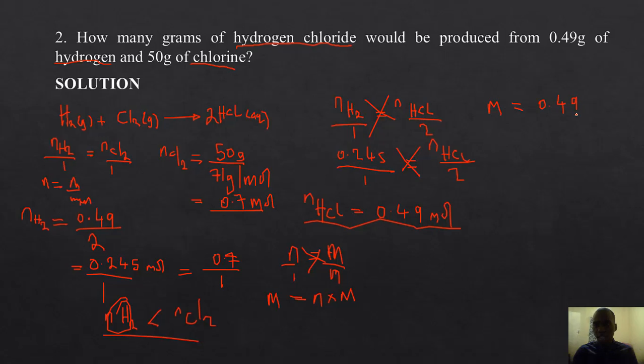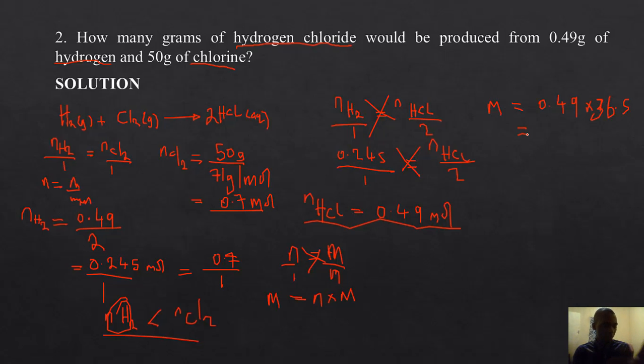0.49, then times the molar mass here. The molar mass for HCl is 35.5 plus 1, which is 36.5. So we can punch on the calculator and see what we're going to come up with.